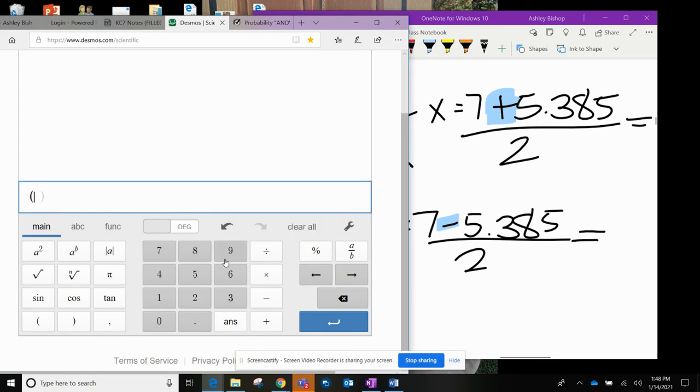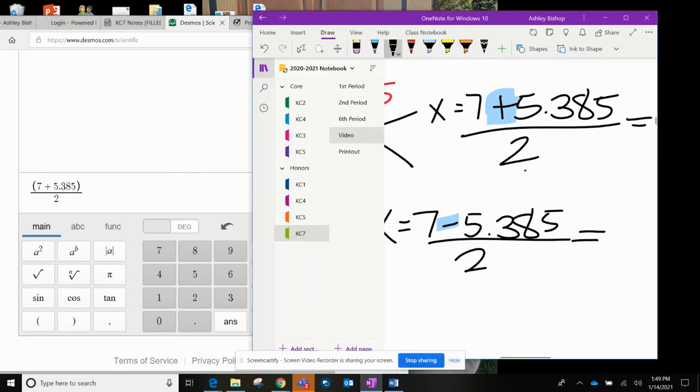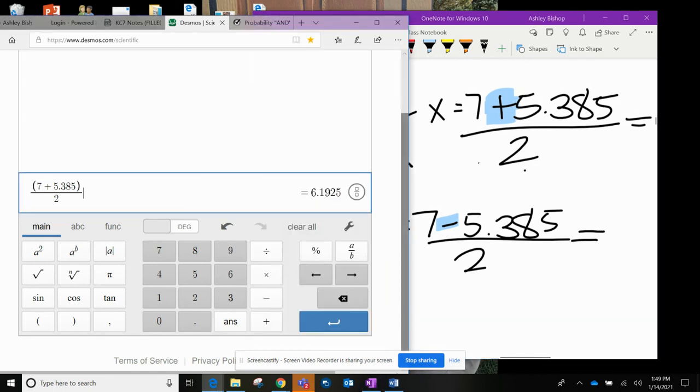So you need to make sure that you use parentheses and do 7 plus 5.385 end parenthesis, and then divide that number by 2. And then I want 3 decimals, 6.192. That 2 tells me I need to round that up to a 3, so 6.193.